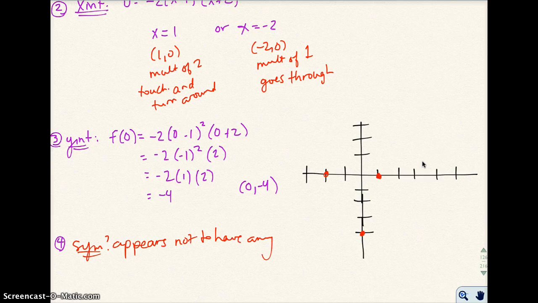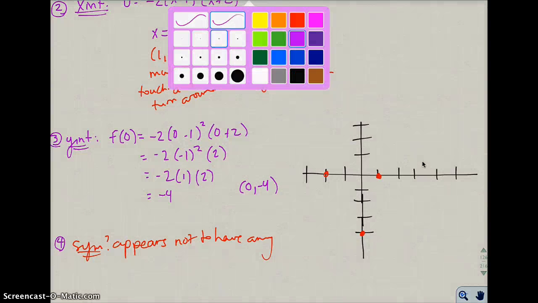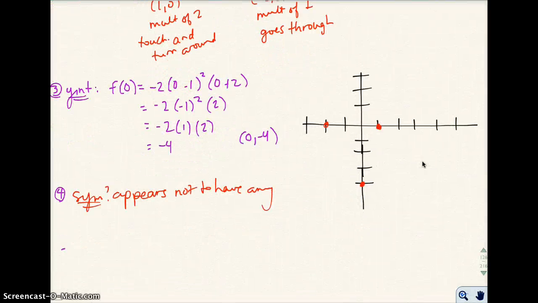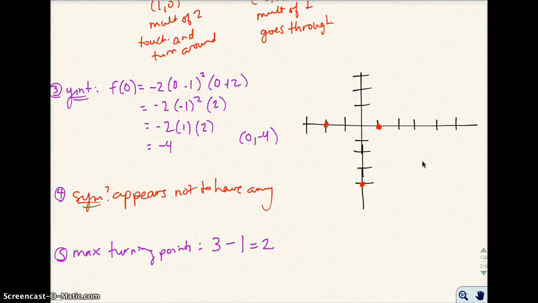Okay. Let's go ahead and find the max turning points. My degree is 3, so I have 3 minus 1, and I get 2. So 2 turning points. Let's see what's going on here.